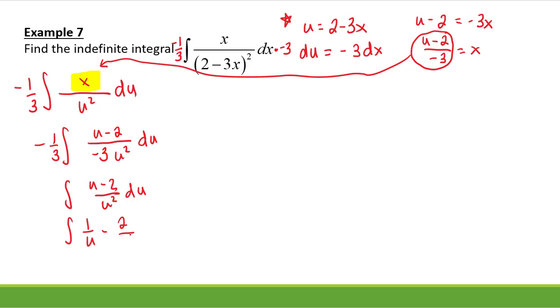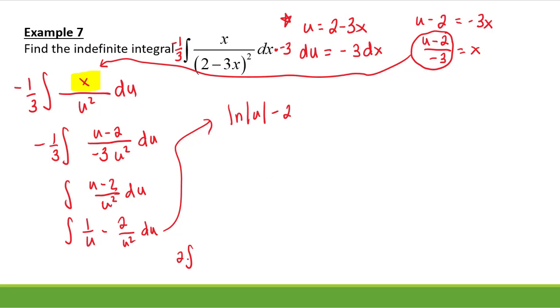Now keep in mind, this antiderivative is the ln of u. This antiderivative is not. Okay, remember, that's the integral, I'm going to bring the 2 out in front, of u to the negative 1 du.